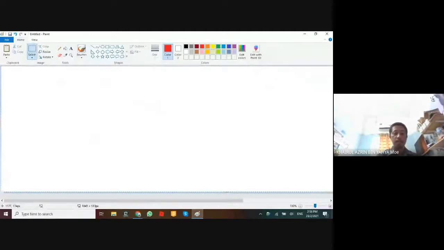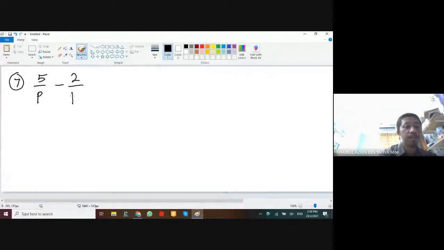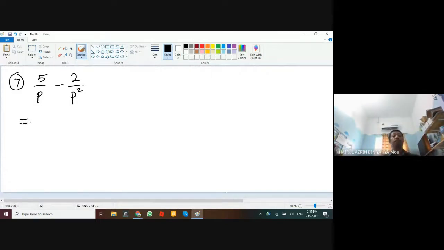Now we go to question 7: 5 over p minus 2 over p square. This time the denominators are not the same. How do you equalize the denominators?